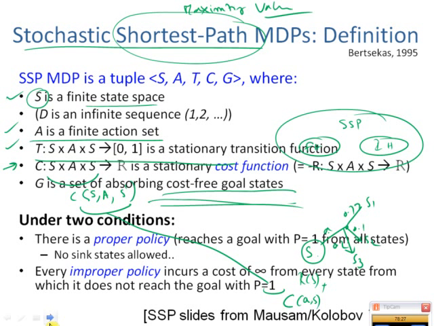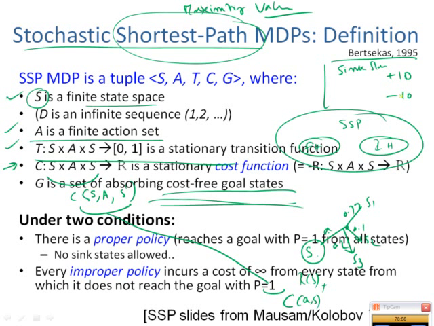Okay, so there should be at least one proper policy, and it turns out, and this is actually a tricky thing to convince yourself, that if there exist dead-end states. So SSP differentiates between, when we were talking about the grid example last time, we just talked about sink states. There was a plus 10 sink state, and there was a minus 10 sink state.